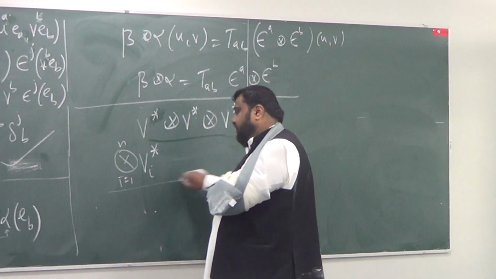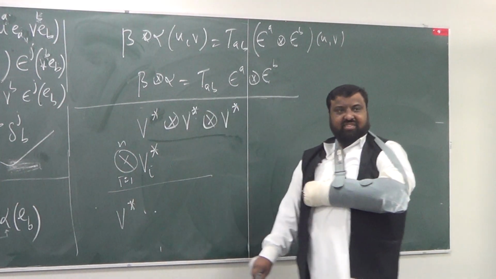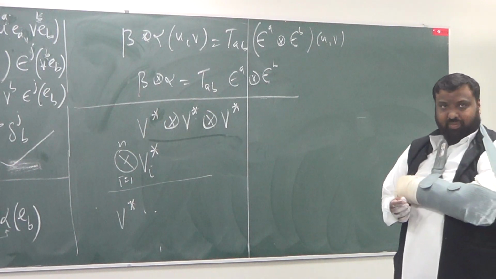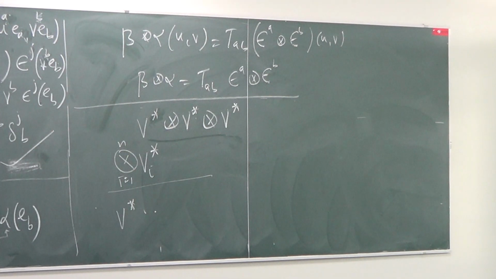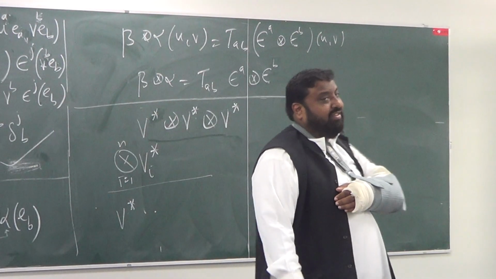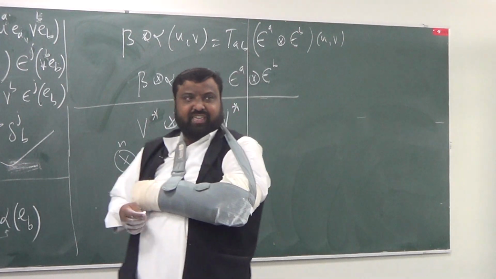Anyway, can I see V* itself as a tensor product space? Yes, actually, it's a kind of degenerate case. It's also a tensor product space, because it contains tensors of rank 1.